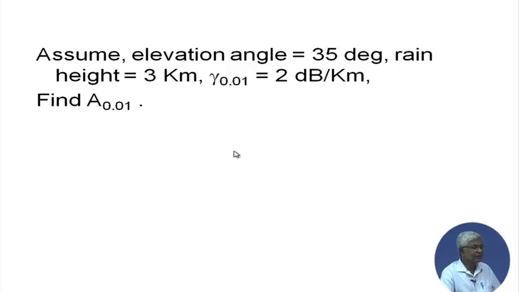Let us do a very quick calculation to understand the numbers. Assume an elevation angle of 35 degrees to the satellite from the ground station, and the rain height is 3 kilometers direct vertical height, and the specific attenuation for this particular rain, gamma 0.01, is 2 dB per kilometer. Find A, the attenuation at 0.01.